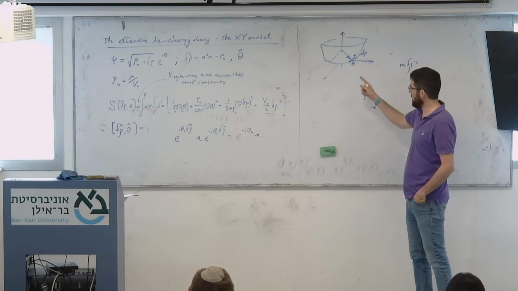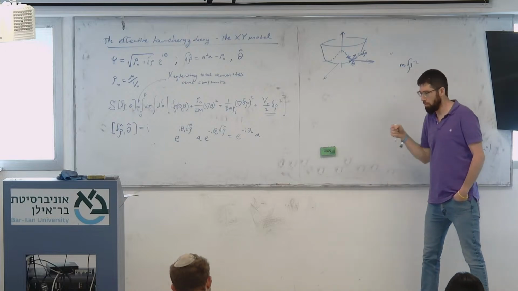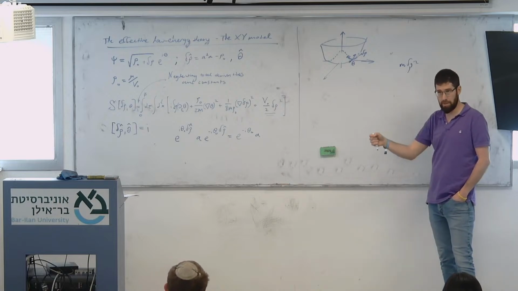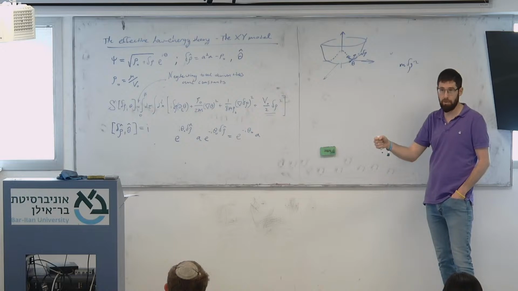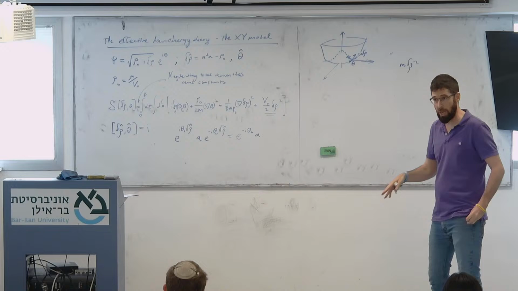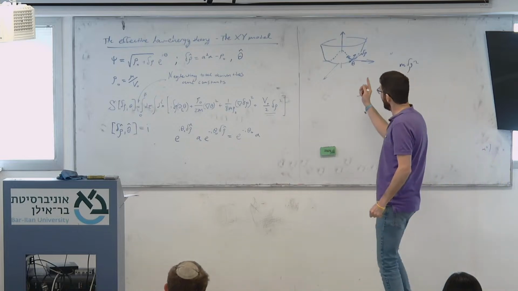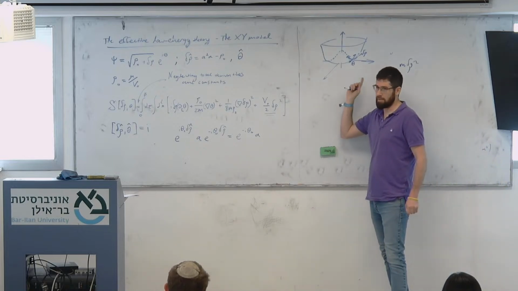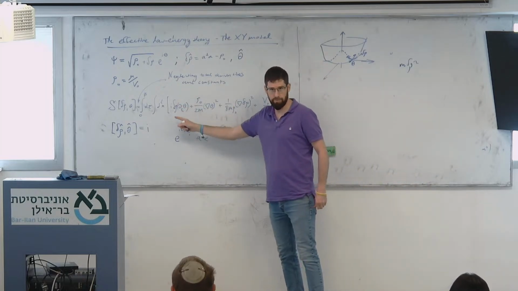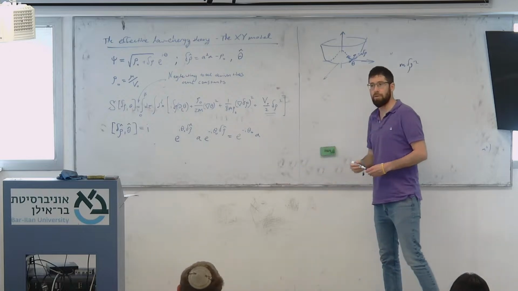If you move rho from its minimum value, from its symmetry breaking value, you add a delta rho, you immediately go up in energy quadratically. But if you change theta, that doesn't cost energy. It only costs energy if it's through a derivative. So this is the logic.